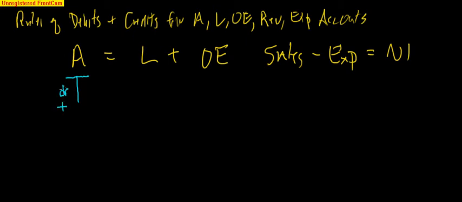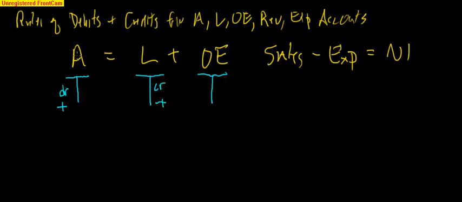Now, just visually, if I know that assets equals liabilities plus owner's equity, and I draw T accounts over here, what do you think the rule is going to be for increasing a liability account or an owner's equity account? If I know that those two things equal assets, and I know that double entry accounting says for every debit there has to be a credit, or the total of the debits equals the total of the credits, wouldn't it make sense that to increase a liability account we would credit the account?